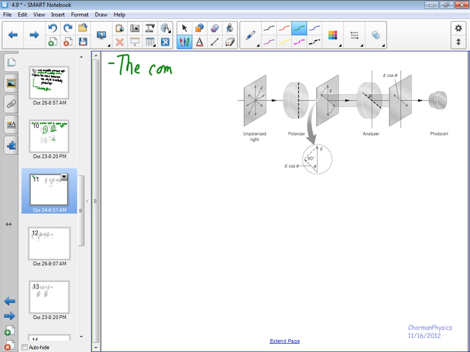So what ends up happening is, again, if it's not perpendicular or parallel, we need to actually calculate some things here.